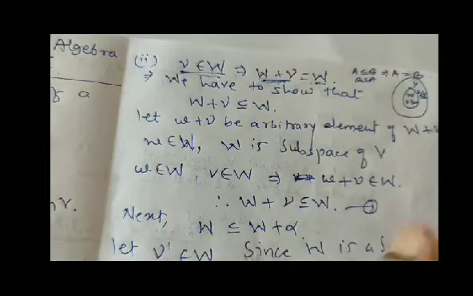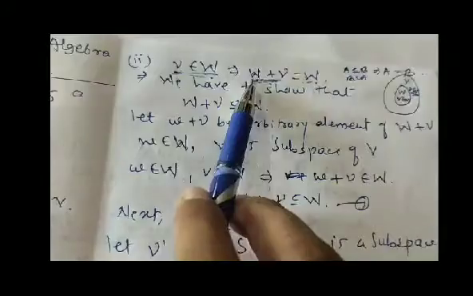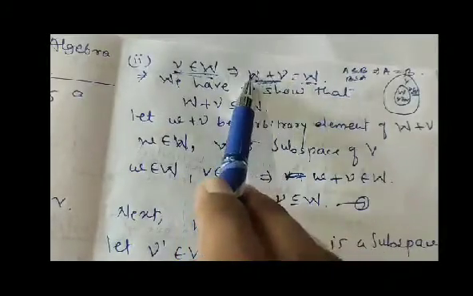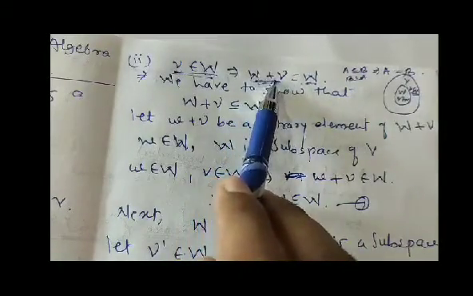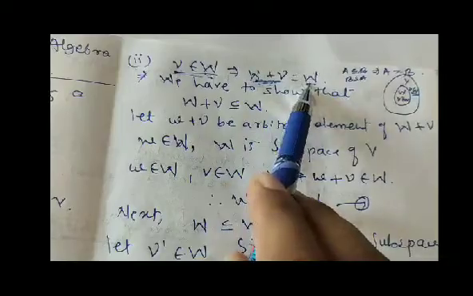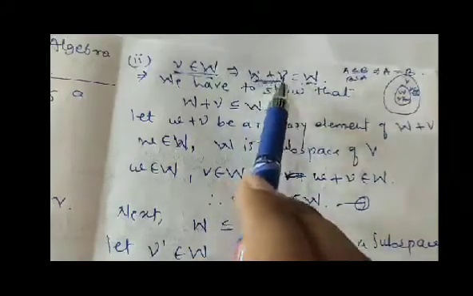Is it right? So to show that W plus nu is equal to W, firstly we have to show that W plus nu is a subset of W, and second, that W is a subset of W plus nu, then both are equal. Okay.